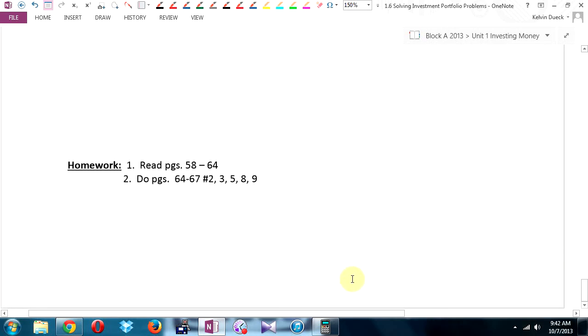So for now, on page 64, I think you can try, see, does number 2 look good? A wedding is going to cost about $10,000. They're going to save $50 a week in an investment that earns 4.1% compounded weekly, so you can find out how much they're going to earn that way.